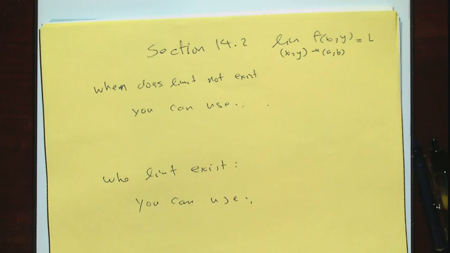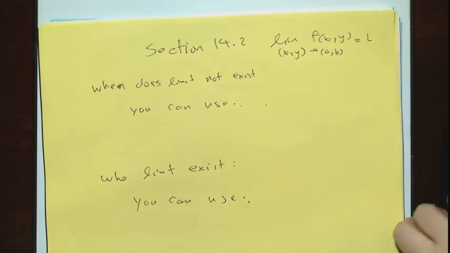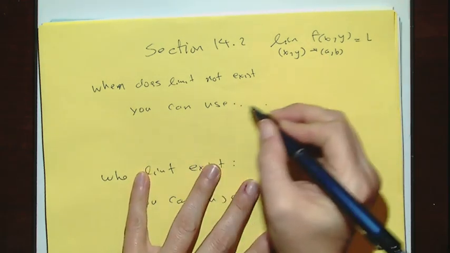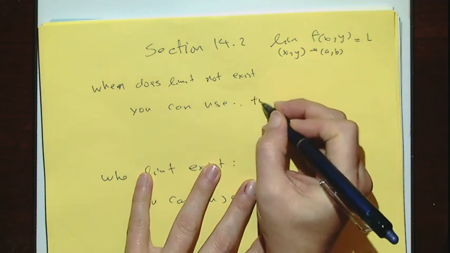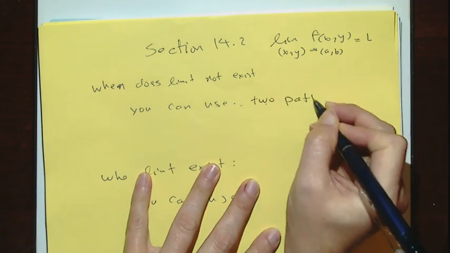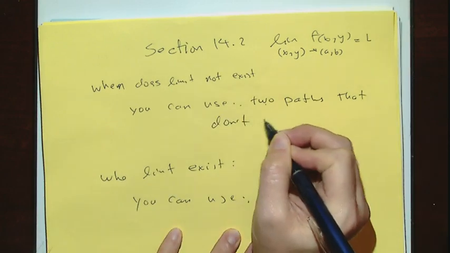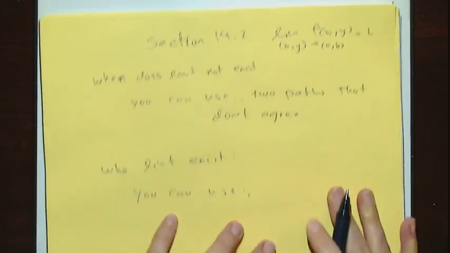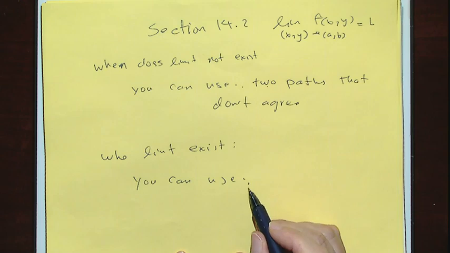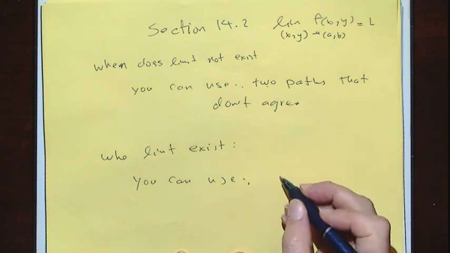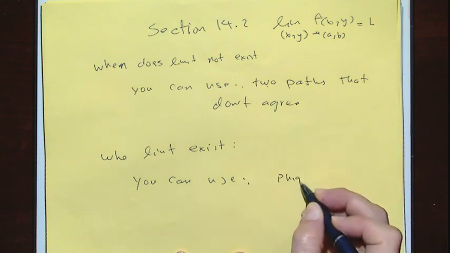I want to tell you something in advance. Plug in your r and theta. Let me write this down. These are the review. We can use two paths that don't agree. One of the methods that we have learned so far is to plug in polar coordinates.